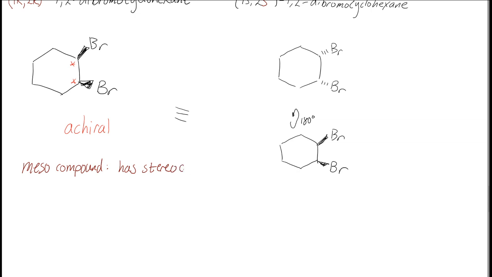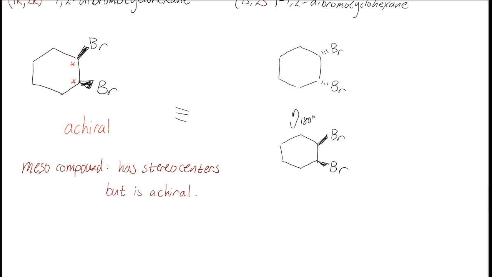A meso compound has stereocenters, so it has carbons that have 4 different things attached and can be assigned R and S, but it is achiral instead of chiral because the mirror image is the same.